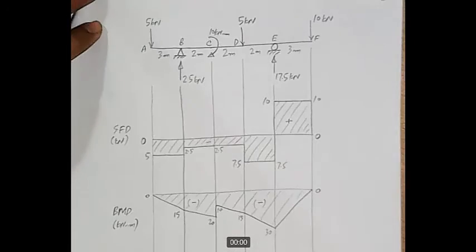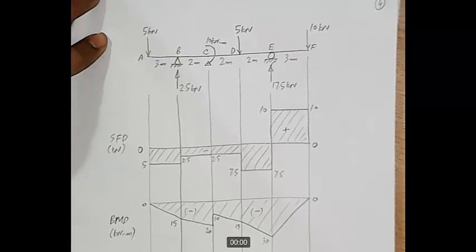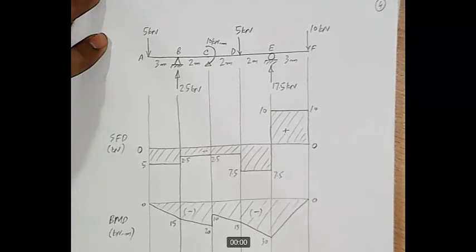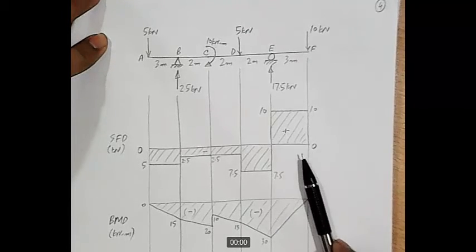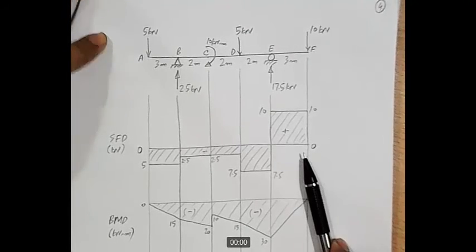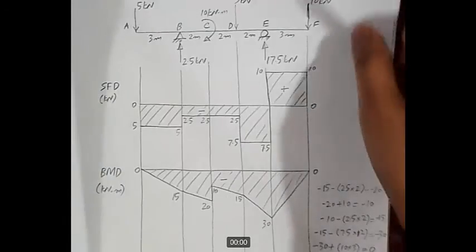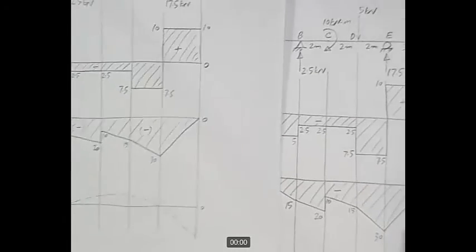Now these are the diagrams that we made earlier using the detailed method, and you can see that these diagrams are exactly the same as those we have obtained today. Let me see if I can put them together in a single view.